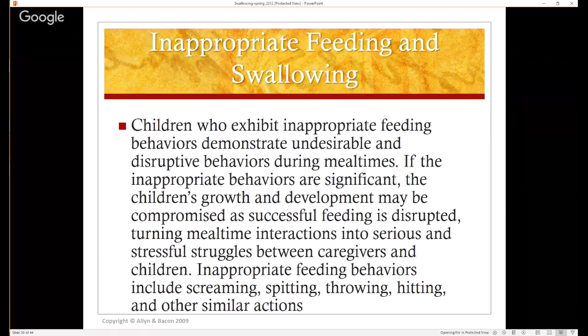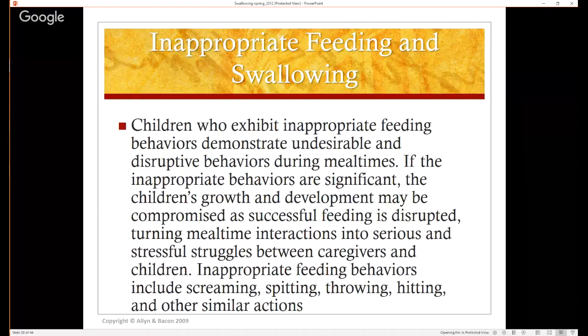And looking at inappropriate feeding and swallowing, children who exhibit inappropriate feeding behaviors demonstrate undesirable and disruptive behaviors during mealtimes. If the inappropriate behaviors are significant, the children's growth and development may be compromised as successful feeding is disrupted, turning mealtime interactions into serious and stressful struggles between caregivers and children.